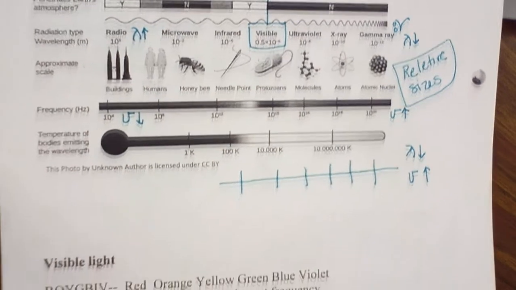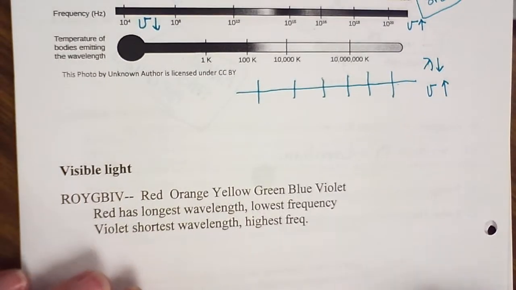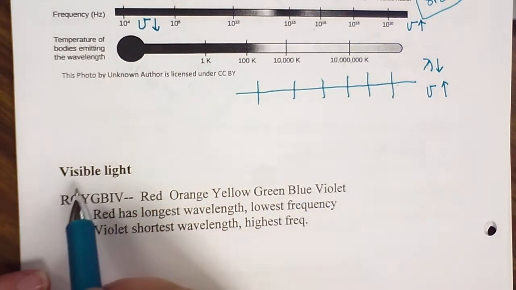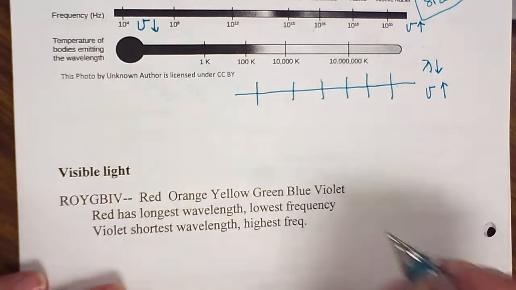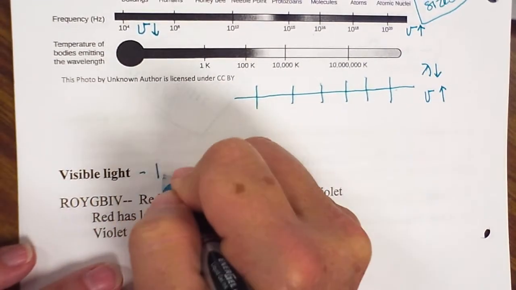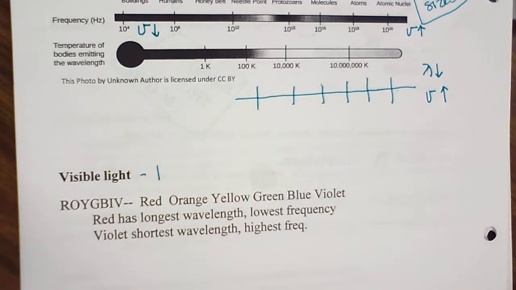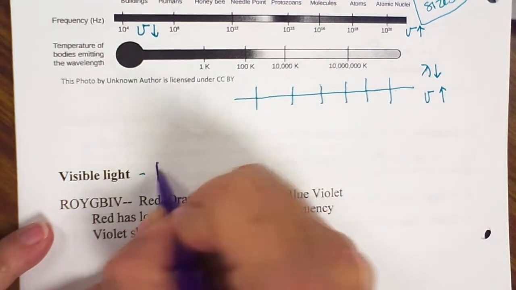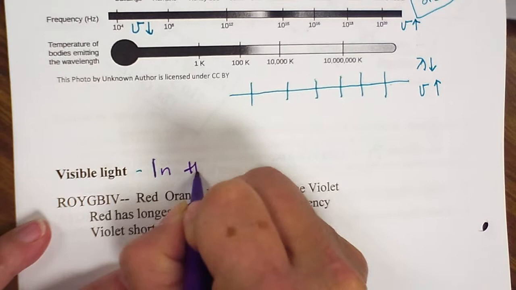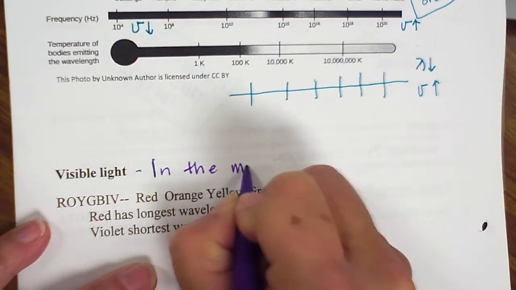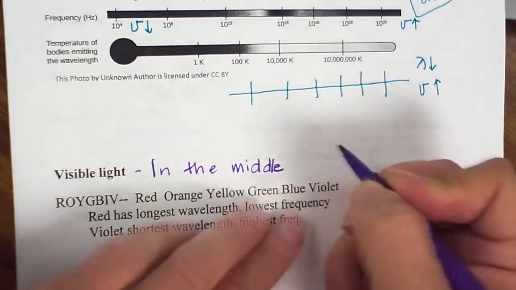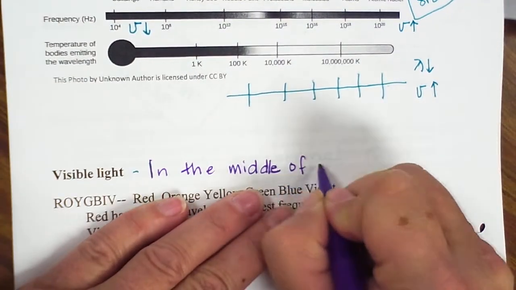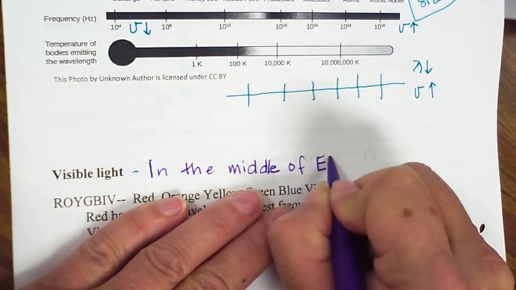All right, moving on. Lastly, on the notes for today, visible light. Visible light is in the middle of the electromagnetic spectrum.